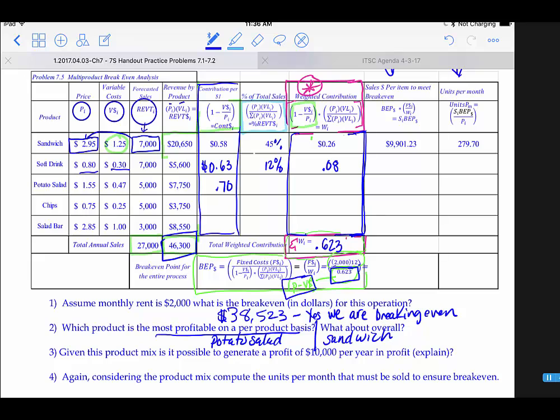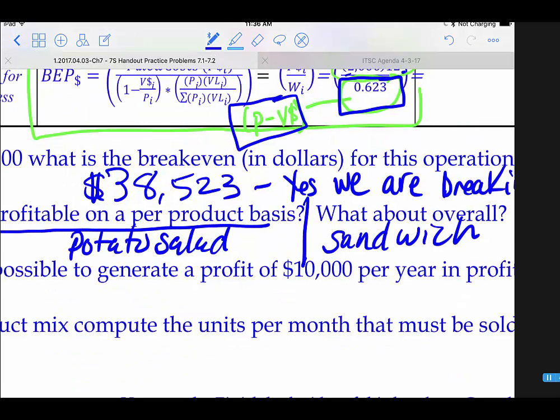Now, if we wanted to determine whether or not we can make a profit of $10,000, what we would need to do then is change our equation. Remember, we had fixed costs divided by our weighted factor. So what we need to do then is take our 2,000, multiply it by 12, but then we have to add 10,000 to that. Then divide by 0.623.